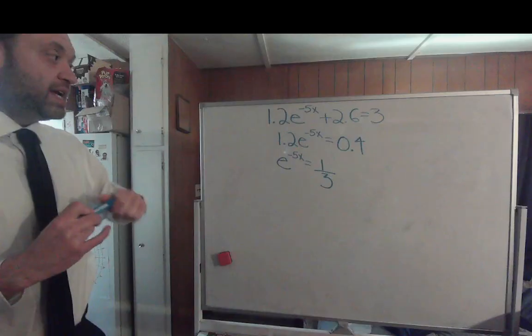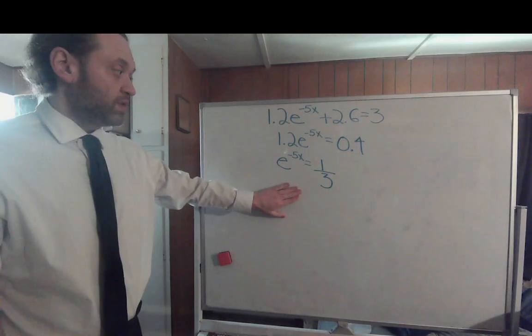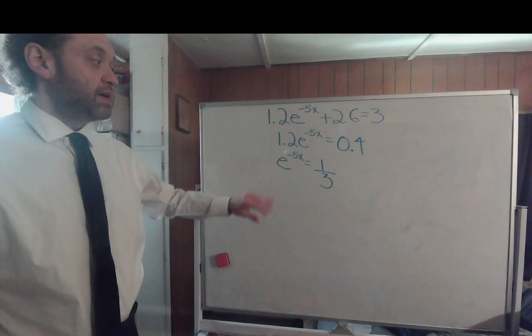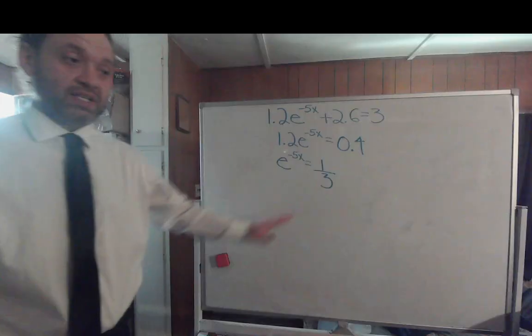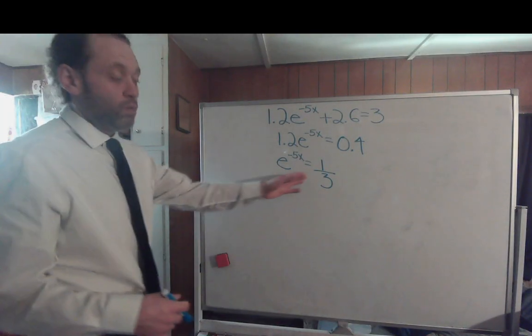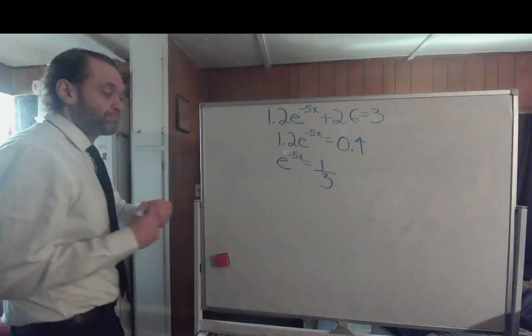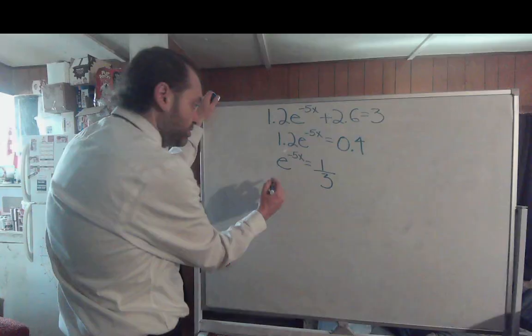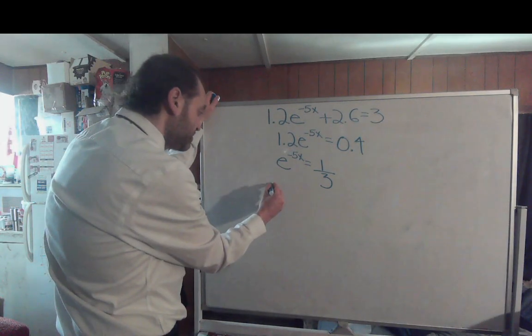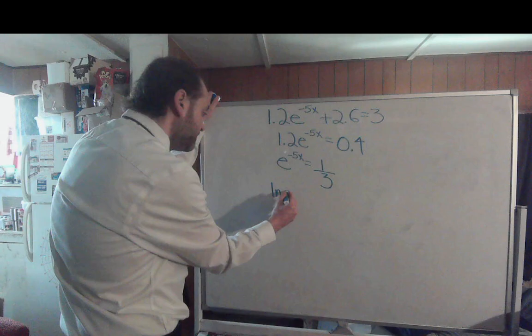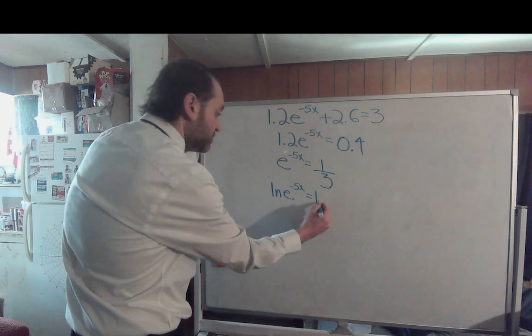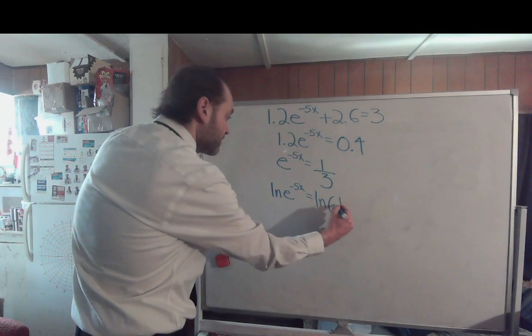There's no way to relate the base of e with the base of 3, or 1/3, so we're going to have to use the natural log function on both sides to solve for x. So take the natural log of e to the negative 5x, which would also equal the natural log of 1/3.